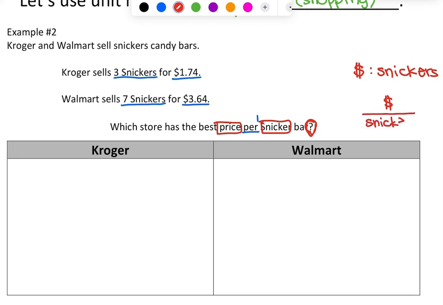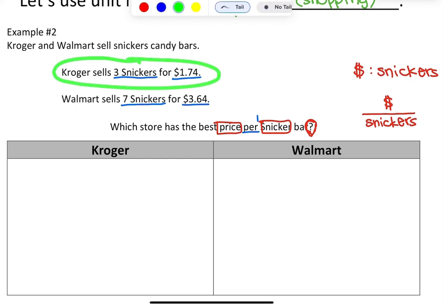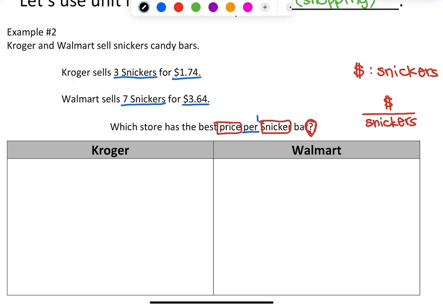Okay, so let's go ahead and set up our two fractions for our two problems. So let's do Kroger first. So looking here at Kroger, let's set up that fraction. So money goes on top, so $1.74, and I'm going to leave off the money sign while I'm solving, and that's for 3 Snickers, okay? And then let's look at Walmart.